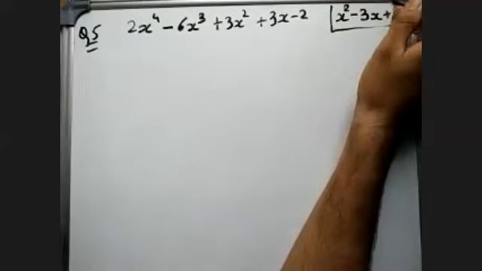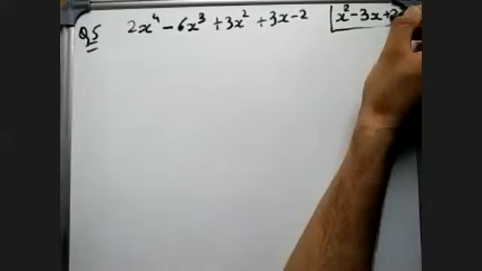Right. So this is exactly divisible by x square minus 3x plus 2.